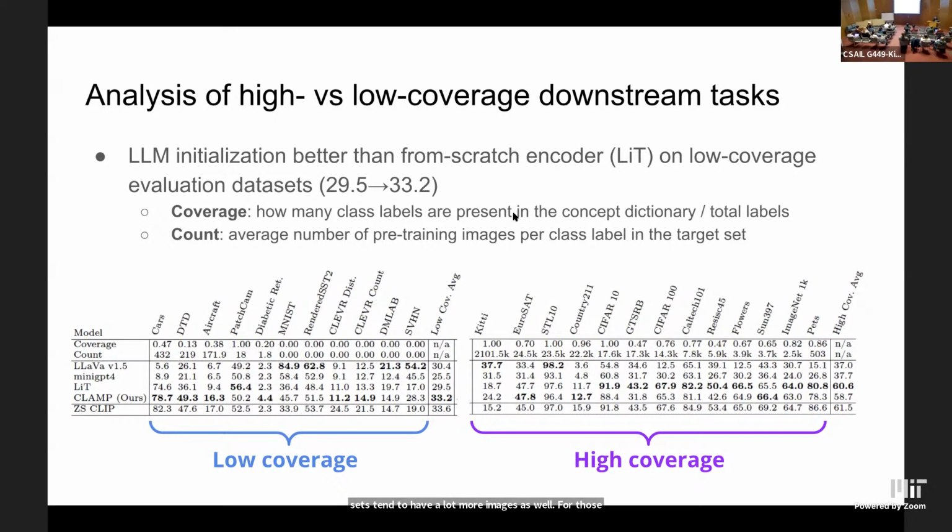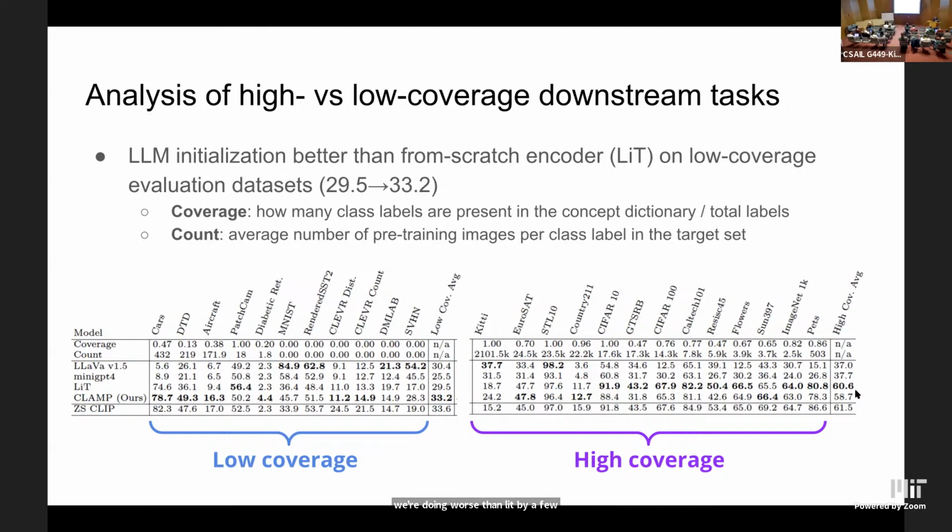And so what we see is that this LLM initialization helps more on the low coverage data sets, where it improves average performance from 29.5 to 33.2 compared to LiT, which is not using an LLM. Whereas on the high coverage data sets, we're doing worse than LiT by a few points.